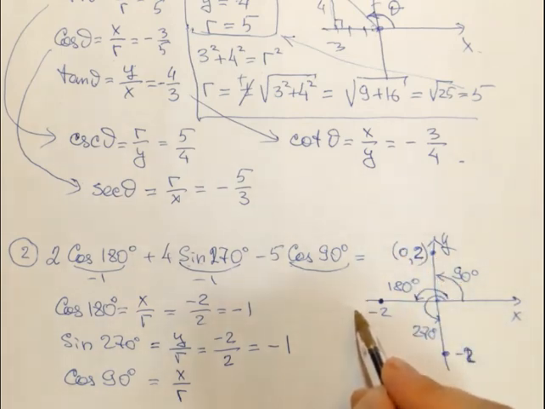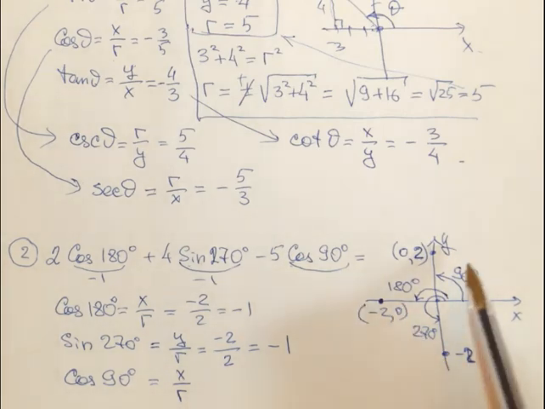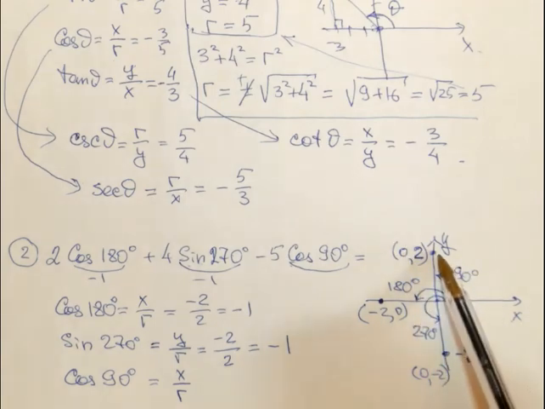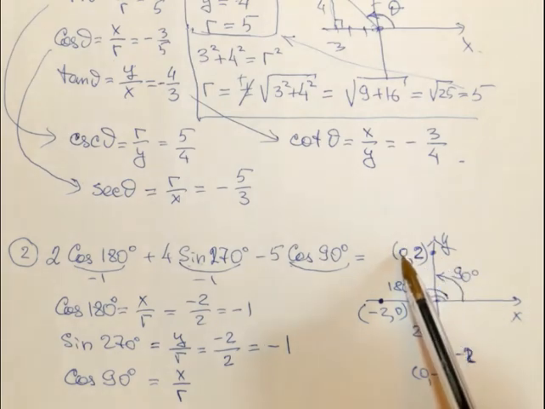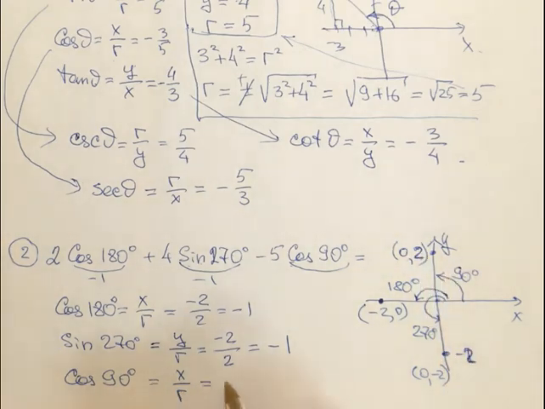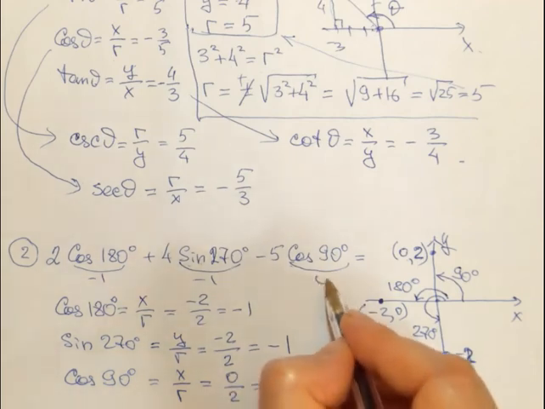This point is negative 2 and 0, and this point has coordinates 0 and negative 2. So for the 90 degrees angle, the x-coordinate of the point on the terminal side is 0, y is 2, and r is 2. Cosine is x over r, 0 over 2, so cosine is 0.